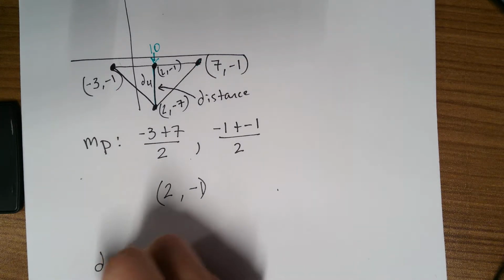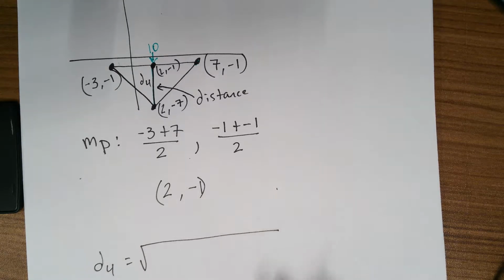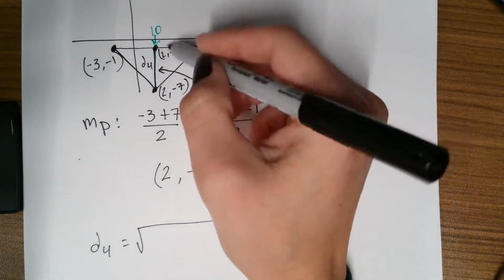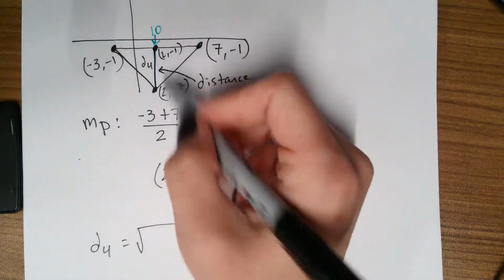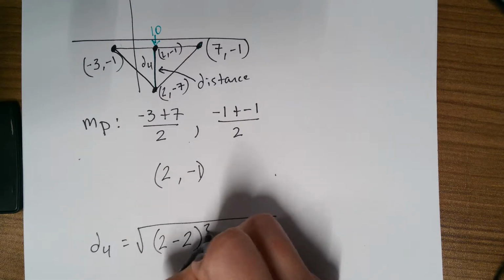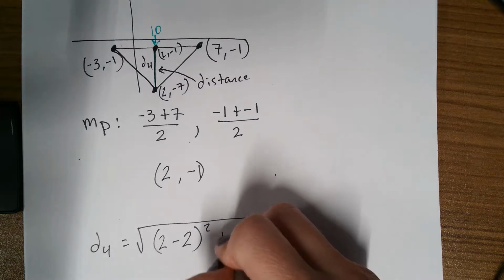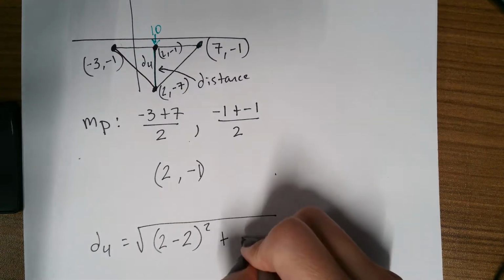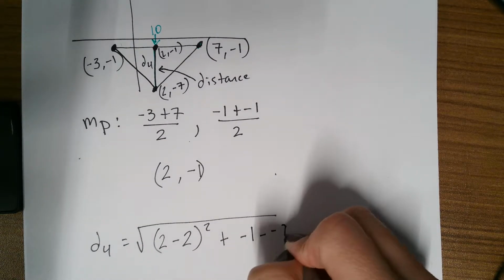So D4 is going to be the square root of the difference of my x values. They both have 2, so this is going to be 2 minus 2. That minus is part of the formula. Squared plus the difference of my y values, so -1 minus -7.